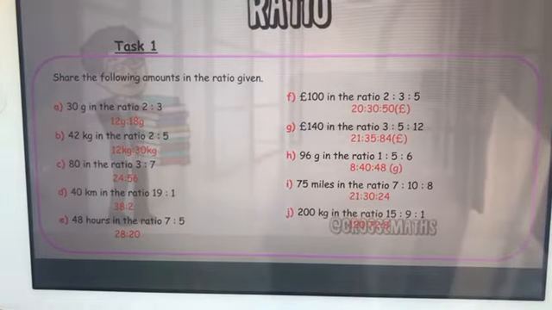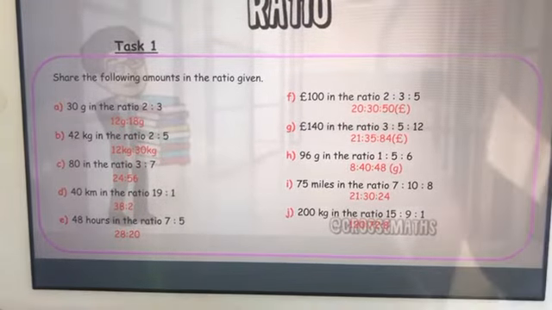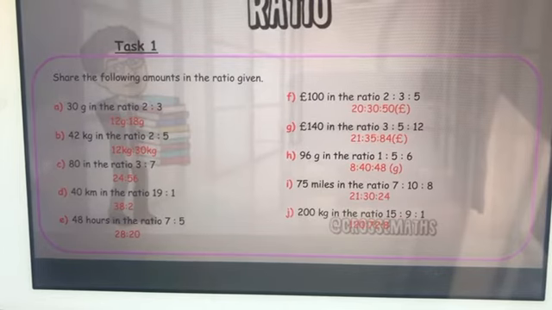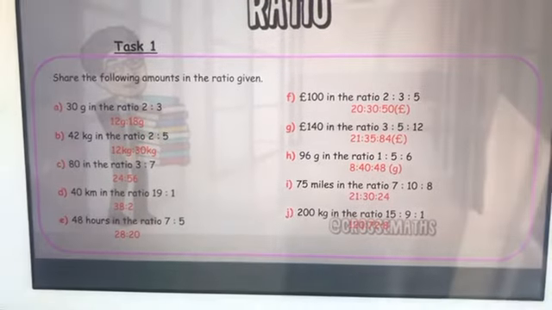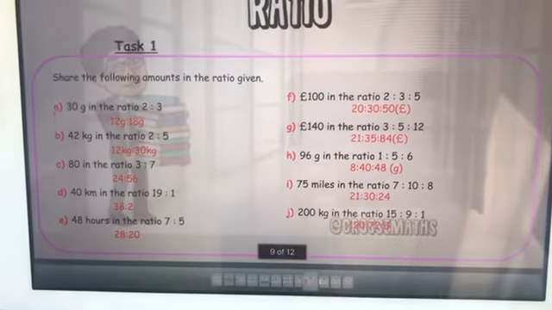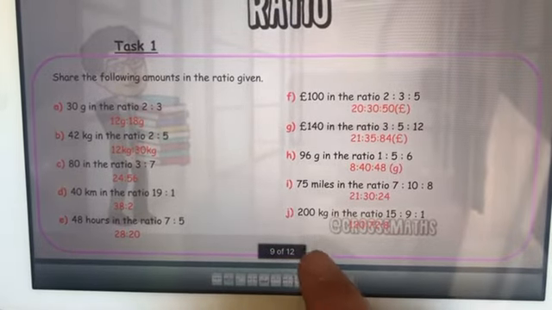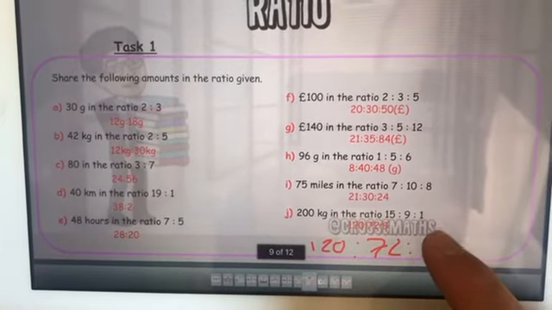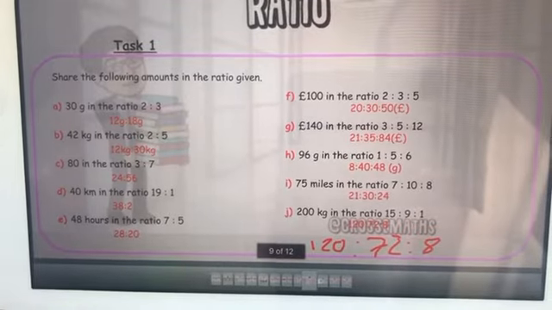Okay, if you're not finished, take a bit of time just to finish off. And make sure every single one is marked for me, please. The very last one, if you can't see it, should say 120, 72, and 8. I know lots of my set 1 people probably got onto that.